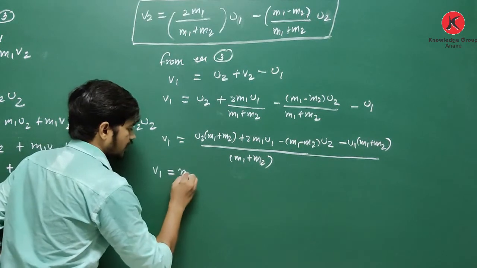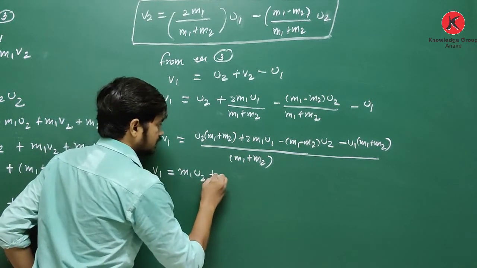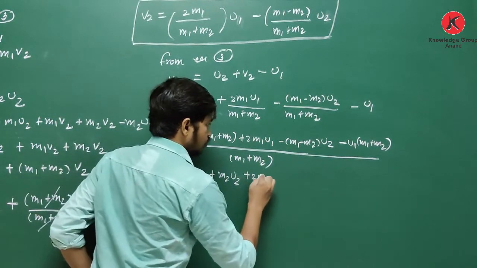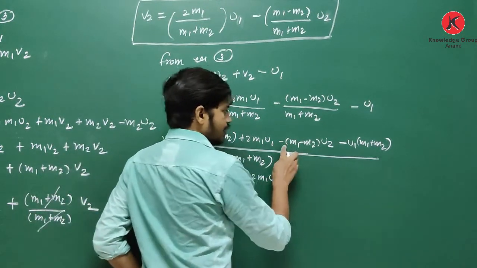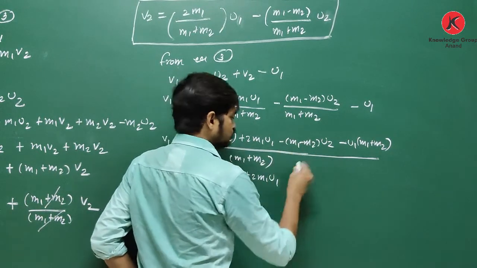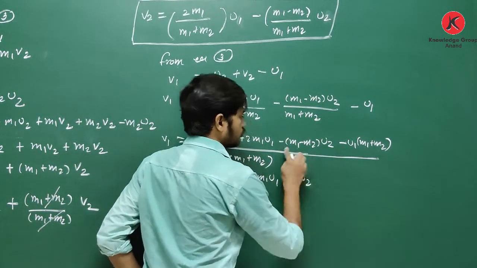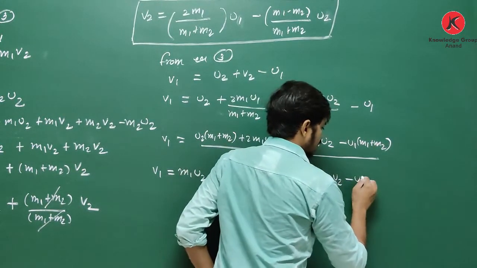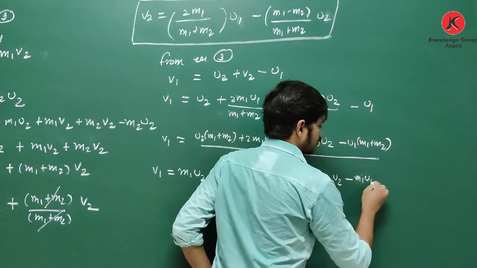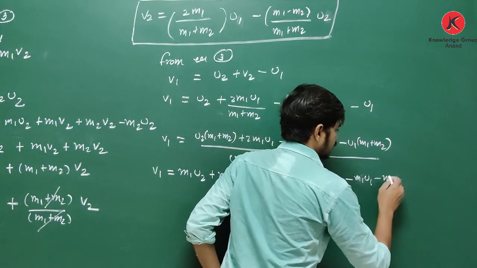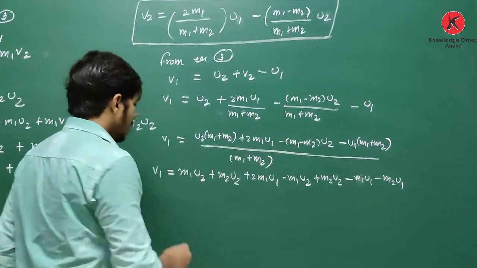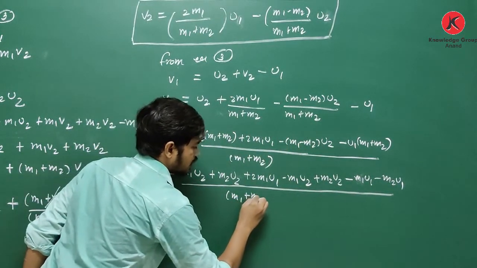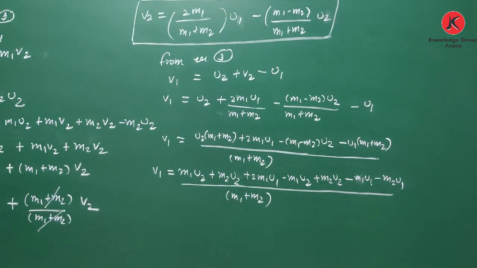See, M1 U2 plus M2 U2. Clear about this? Plus 2 M1 U1. Now take care in this term, minus M1 U2, minus minus will become plus M2 U2, minus M1 U1 and minus M2 U1, divided by M1 plus M2.